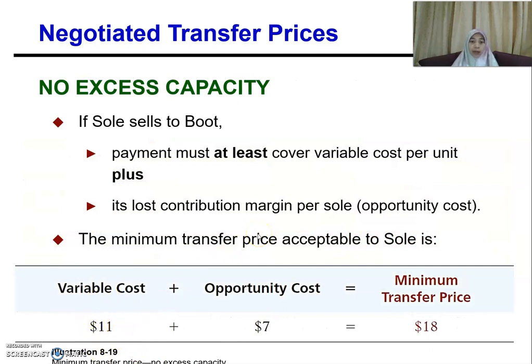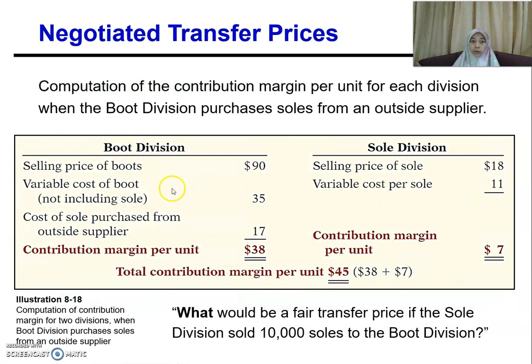But now you have a loss of contribution margin. That loss of contribution margin is known as the opportunity cost. I repeat, if you were to sell to the boot division, you cannot sell to the outside buyer.